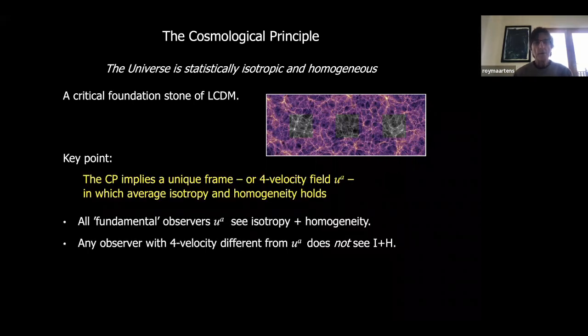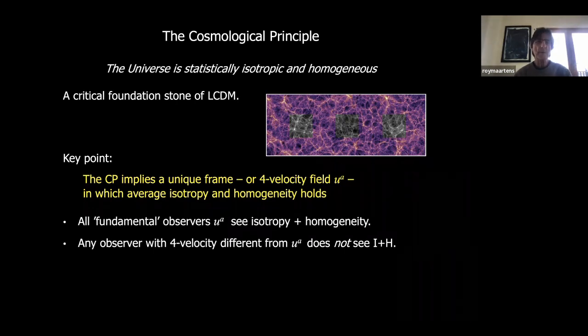The key consequence of the cosmological principle, which I will focus on, is that it implies that there is a unique frame in the universe. Equivalently, a unique four-velocity field, U^A. And in that frame, or with observers with the four-velocity U^A, average isotropy and homogeneity can be measured.